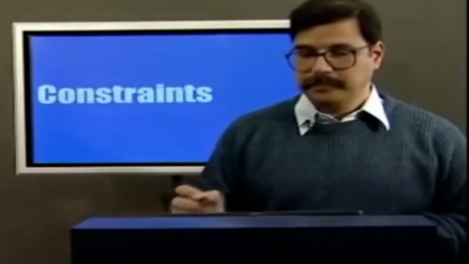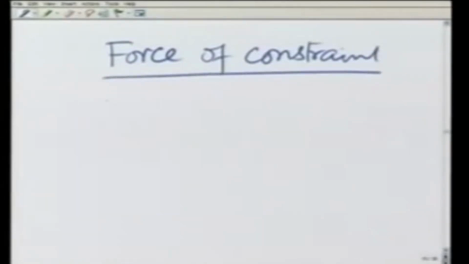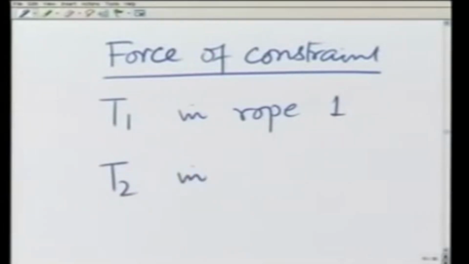Forces of constraint are tension T1 in rope 1 and tension T2 in rope 2. These are my forces of constraint. Let me show them again in the picture.